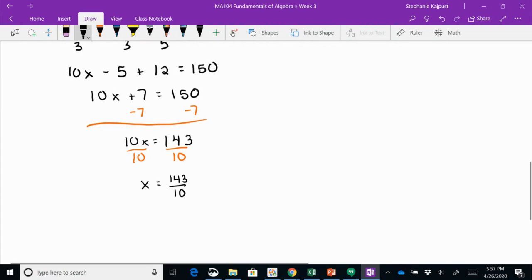I don't think 143 has anything in common with 10, because 10 can only be divided by 2 and 5, and 2 and 5 don't go into 143 because it's not even, which would mean it would be divisible by 2, and it doesn't end in a 5 or a 0, which would mean it's divisible by 5. So that doesn't reduce. So that would be your final answer: you would write it as 143 over 10. You don't make it a mixed number or anything. We just leave it exactly as is.